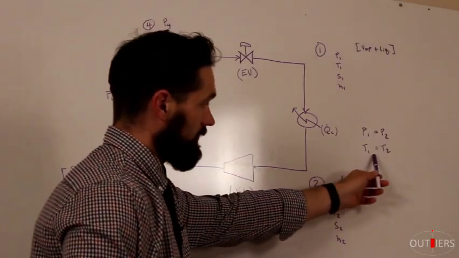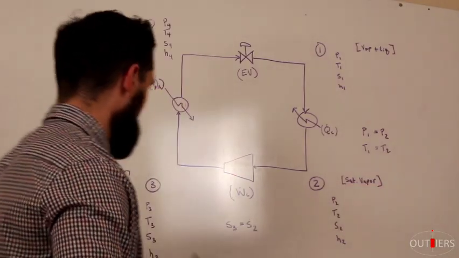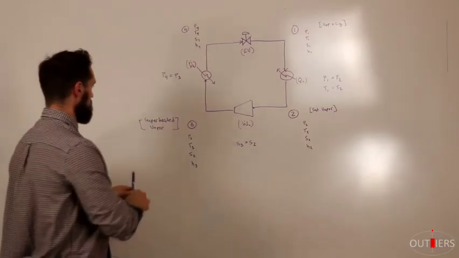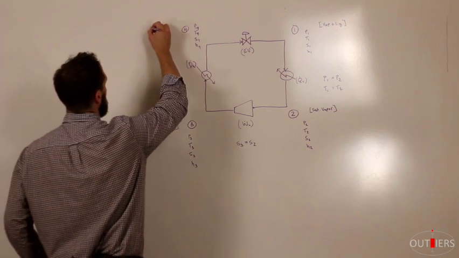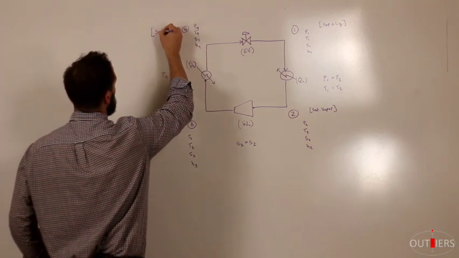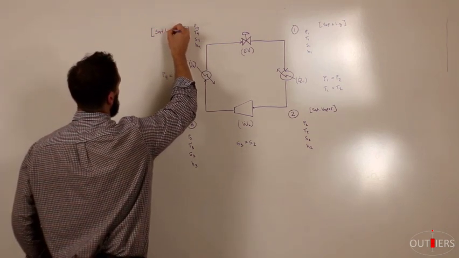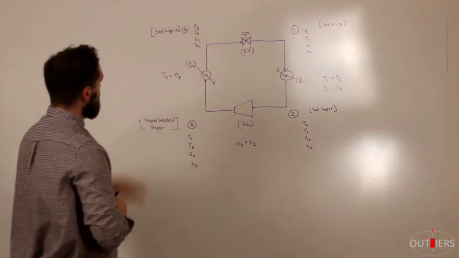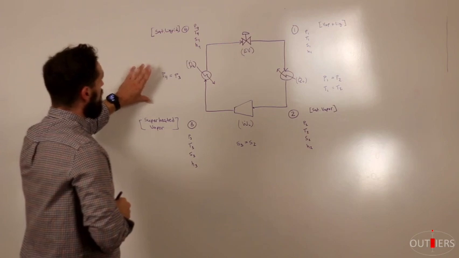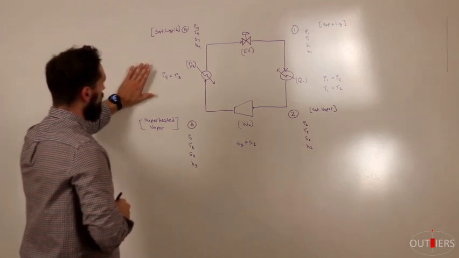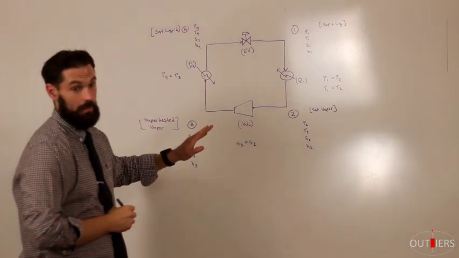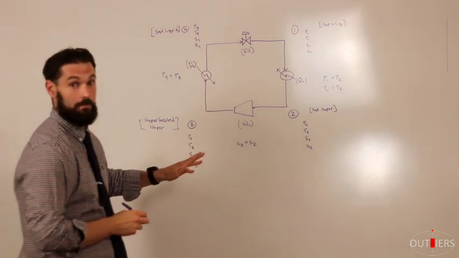Now, I made this note last time, but temperature 3 is not necessarily equal to temperature 4, because we go from superheated vapor to saturated liquid. So we can't conclude that the temperatures will be the same. And they're not going to be the same.